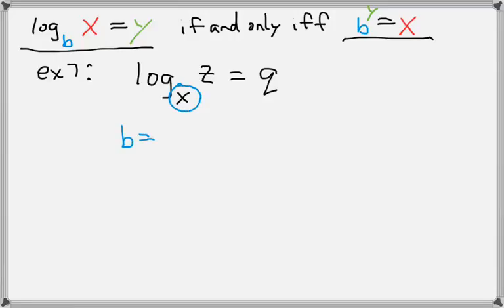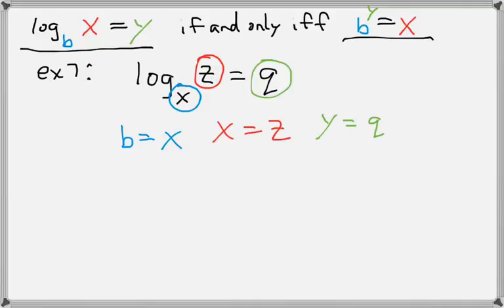So b is equal to x in this example. Our red, or our x, is z, so x is equal to z. And lastly, our y is equal to q. We've identified our three parts, so we can now go ahead and reconfigure it so that it matches exponential form.